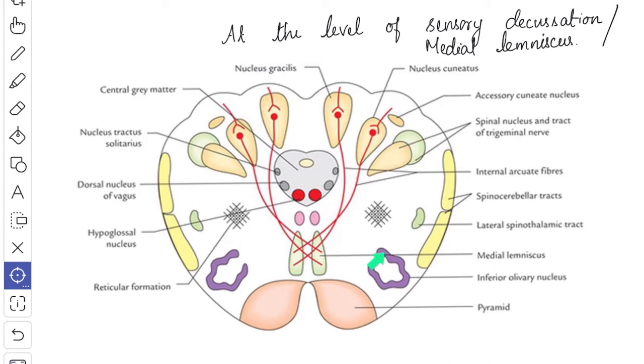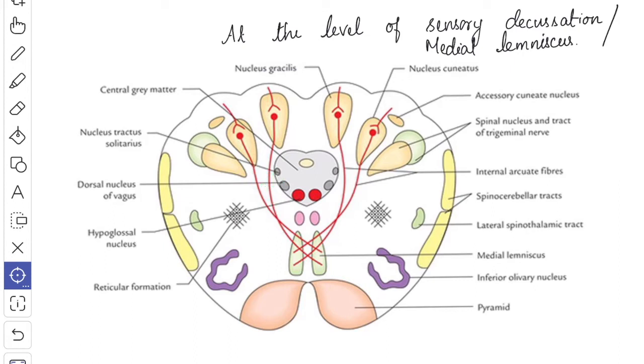Then you can see the lower part of the inferior olivary nucleus, and this is the pyramid, which lies on either side of the anterior median fissure. This is the central gray matter. This contains the hypoglossal nerve nucleus, the dorsal nucleus of the vagus and the nucleus of the tractus solitarius.